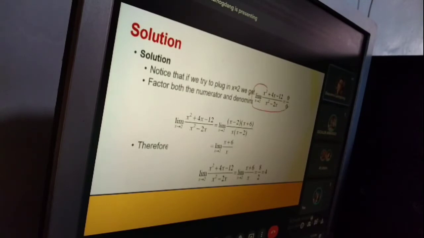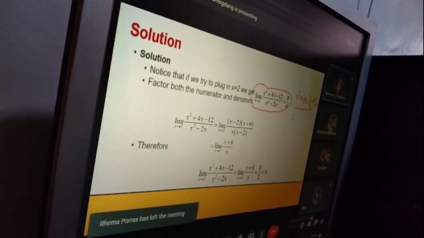Okay, so ito yung ating given. Kapag i-direct substitution natin yung 2, 2 squared plus 4 times 2 minus 12 over 2 squared minus 2 times 2.